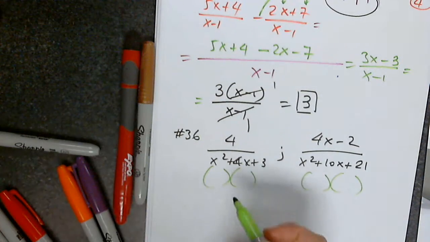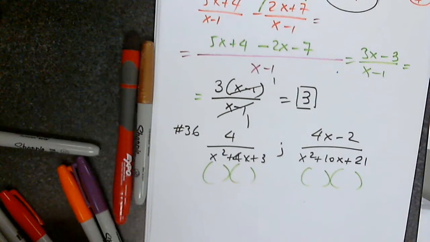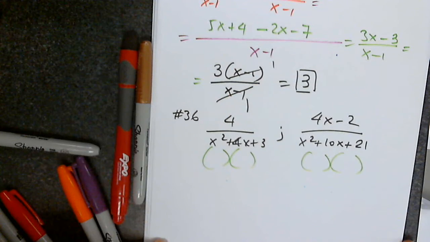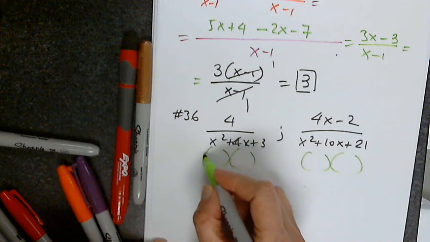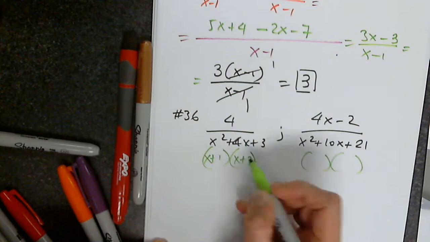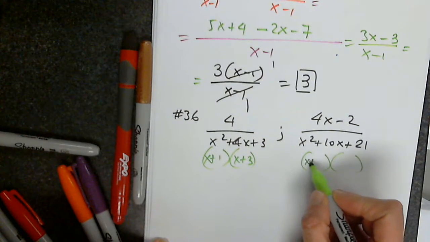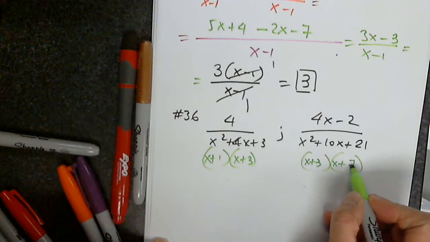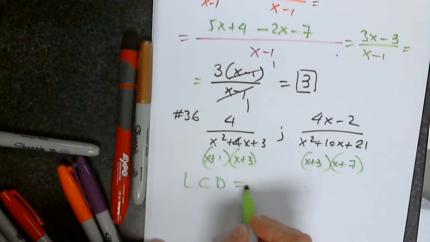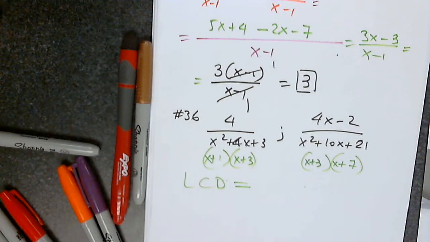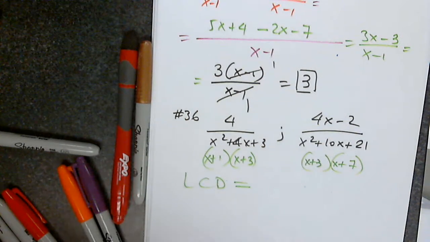Do we have the factor form for the first one? X plus 1, x plus 3. Perfect. Do we have the factor form for the second one? So the LCD has to have all different factors written only once, or written to their highest power, but not adding powers.